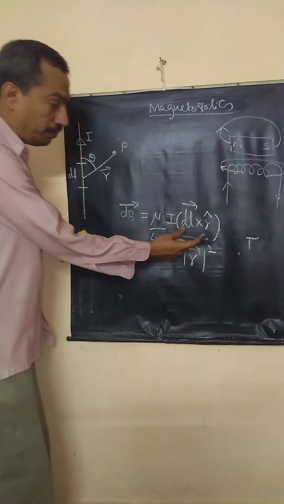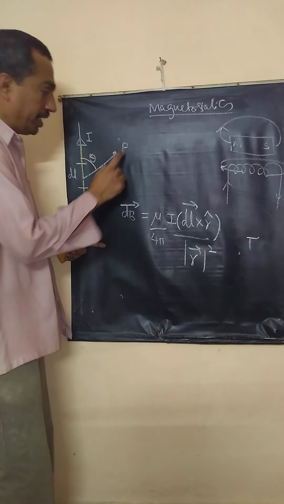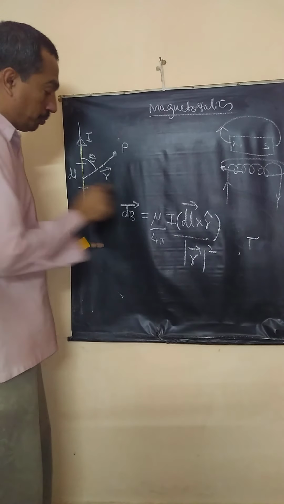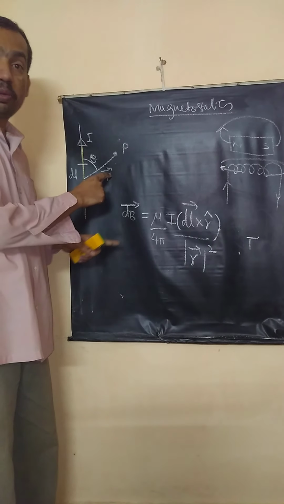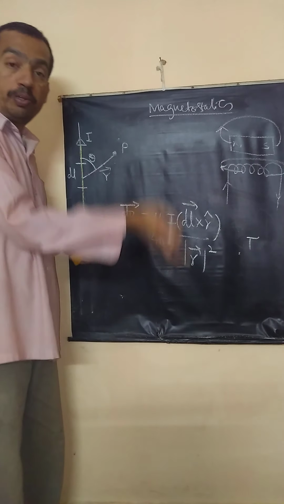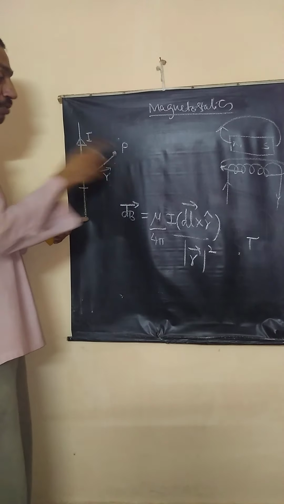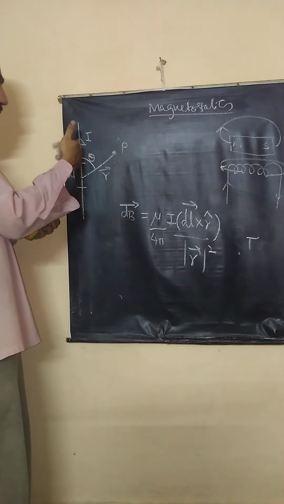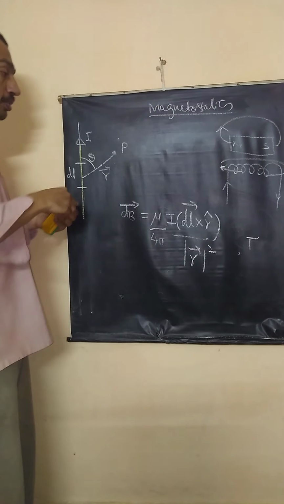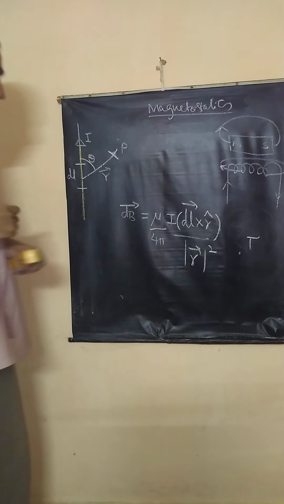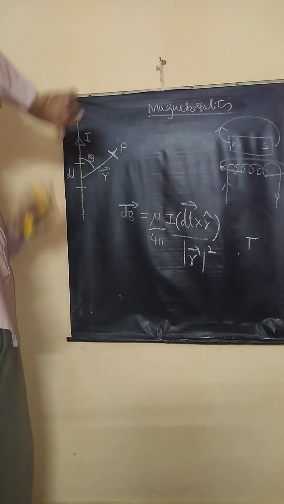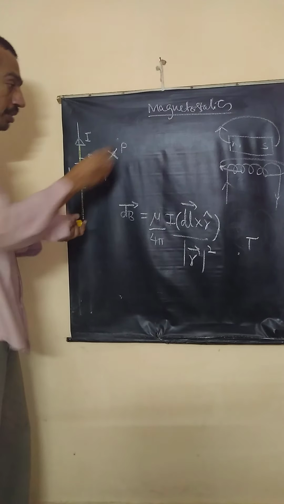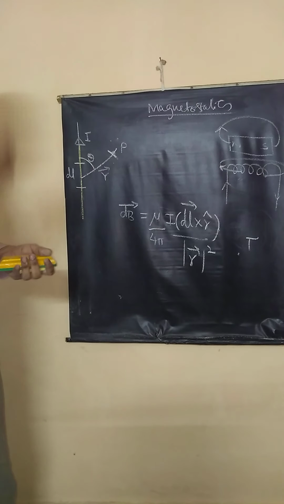What does it say? Look at this now. The magnetic field here is perpendicular to both dl and r. You know, cross product A cross B is perpendicular to both A and B. So what is the direction of the magnetic field here? Look at the right hand thumb rule. The magnetic field is going into the page, so we write a cross mark. Suppose the current is flowing like this, then we write a dot. It is coming towards you.